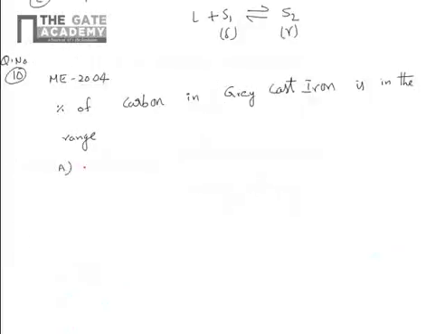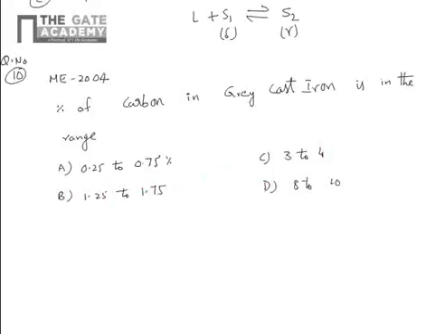First option is 0.25 to 0.75%. Second option is 1.25 to 1.75. Third option is 3 to 4. Fourth option is 8 to 10.